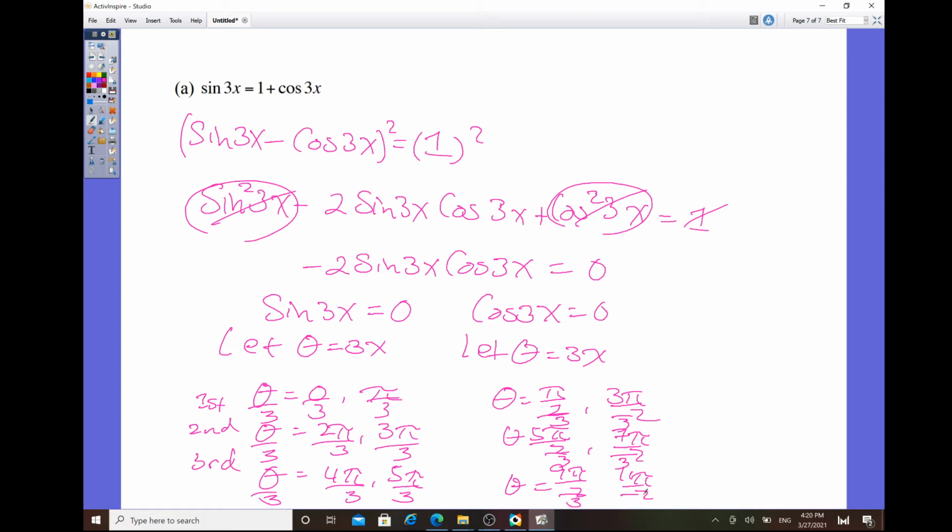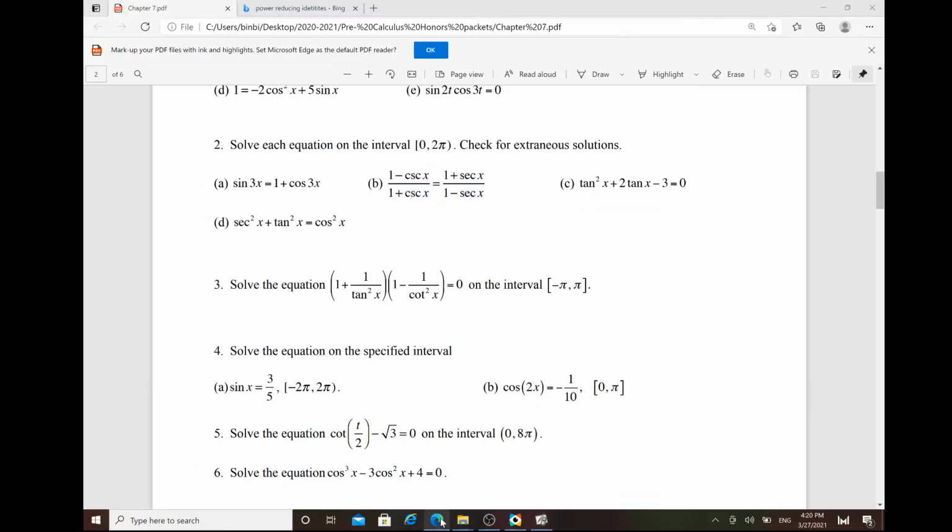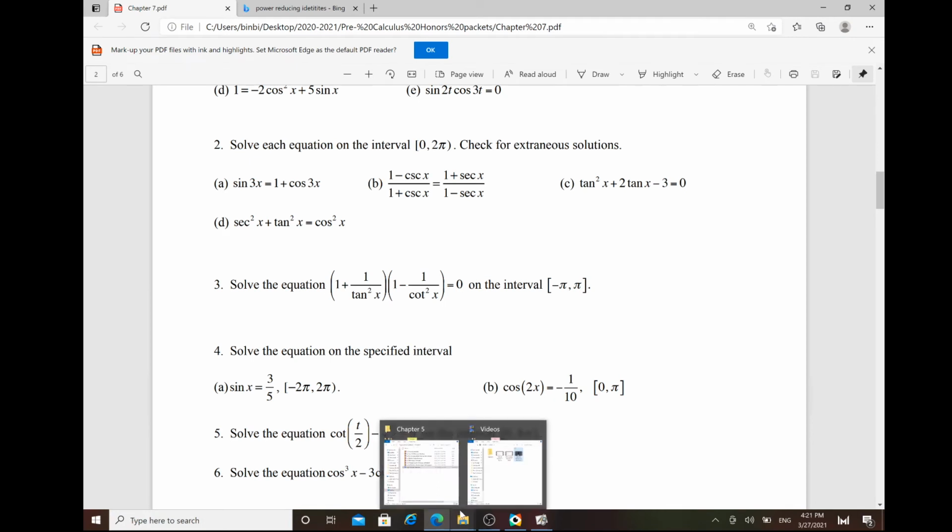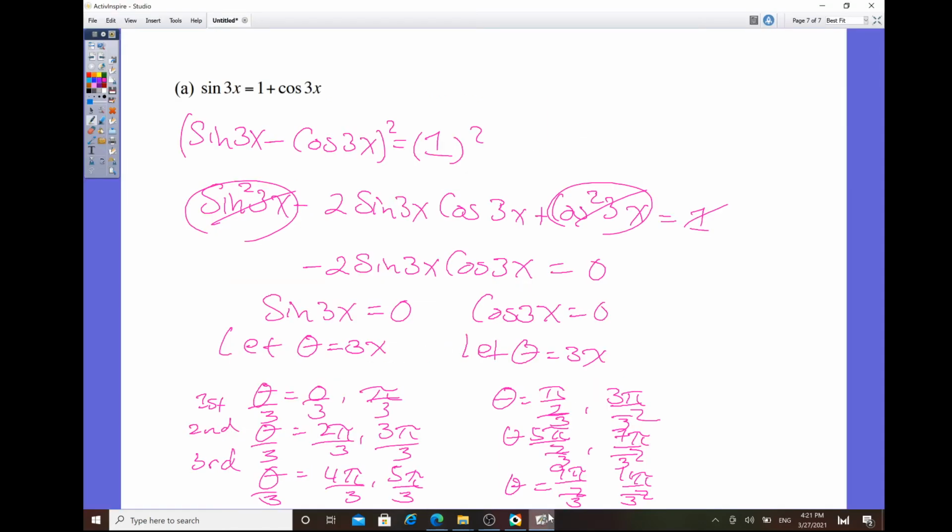And another thing I just want to check is the restriction. It looks like there's a restriction for this type of problem, from 0 to 2 pi. If you find anything outside the range, that won't make sense. So let's just rewrite it.